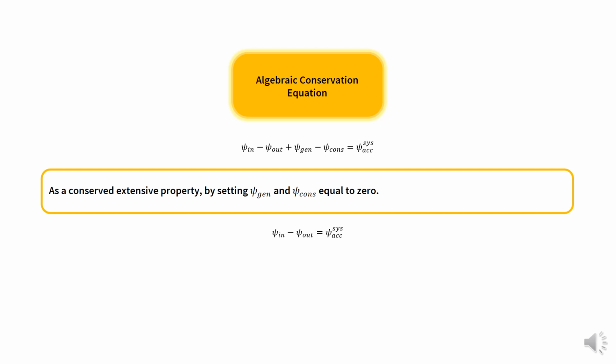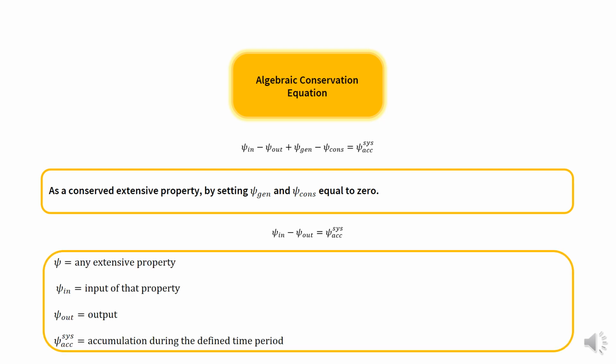So we can write psi in minus psi out is equal to psi accumulation, where psi is any extensive property, psi in is the input, psi out is the output, and psi accumulation is the accumulation during the defined time period.